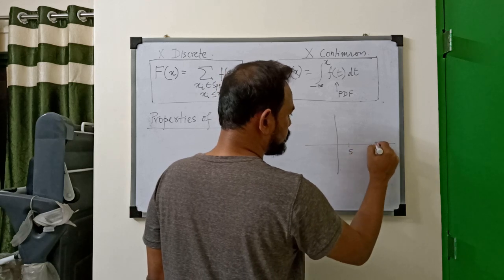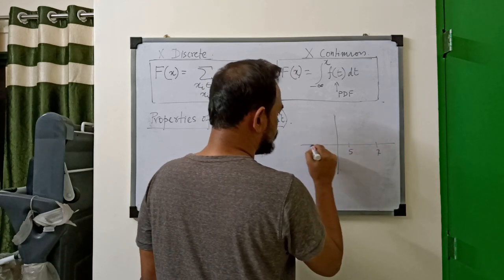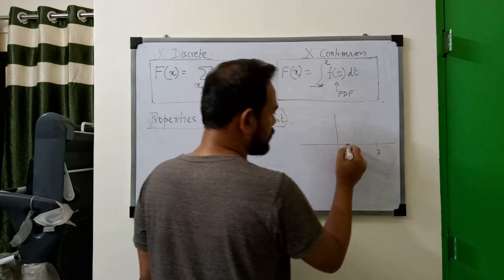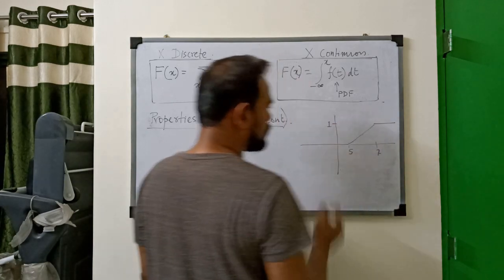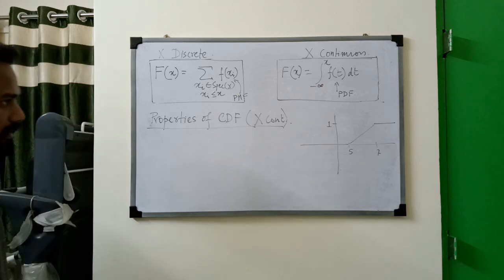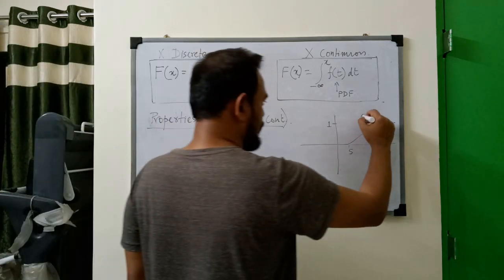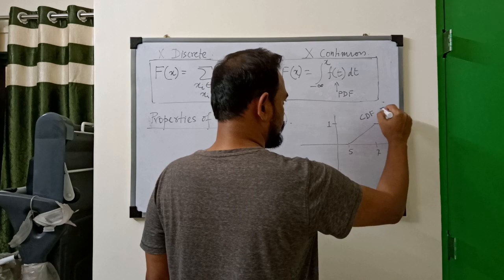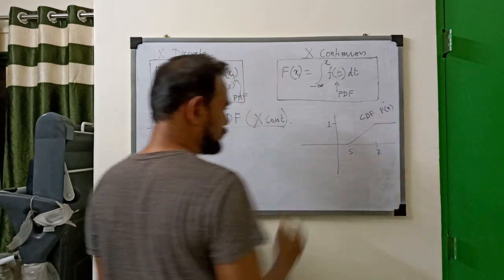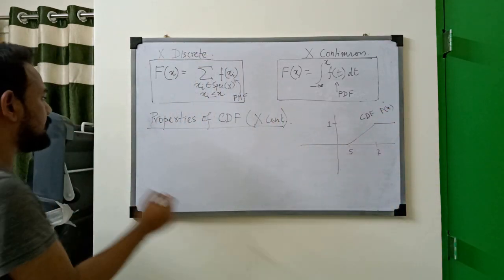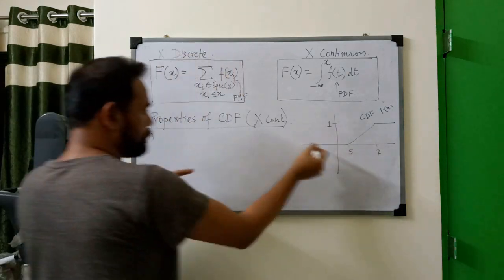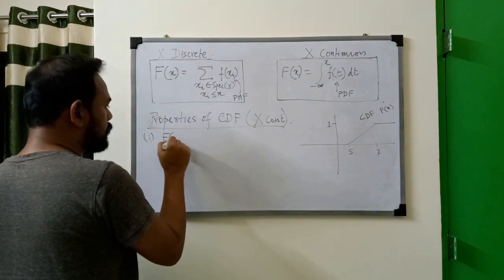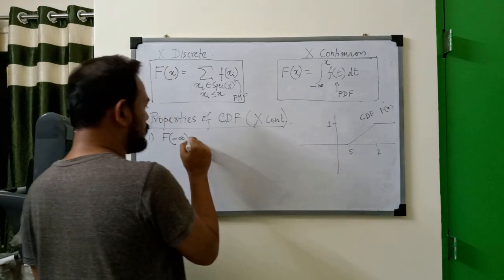So as an example, from 5 to 7, the graph of the function was 0 up to 5, then it went on in a straight line up to 1, and then it remained 1 beyond 7 as well. Okay, so this was capital F, which was the CDF. This is the graph. Well, you can see that as before, as you go towards minus infinity, the value of F at negative infinity will have to be 0.